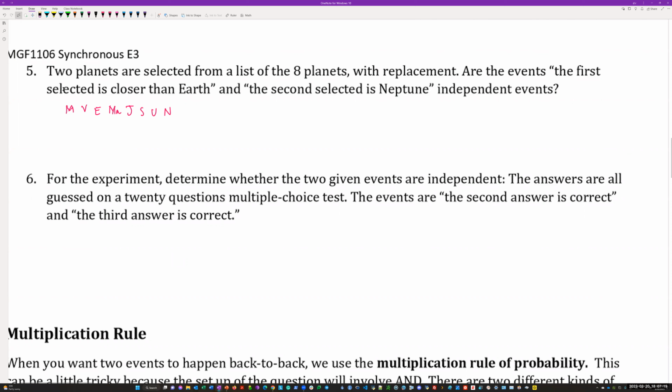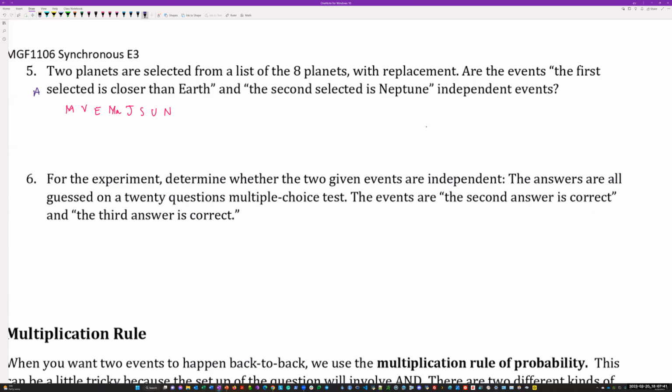Are the events: the first selected is closer than Earth, and the second selected is Neptune. They want to know if these two events are independent. Let's try to do it based off of the definition from before.